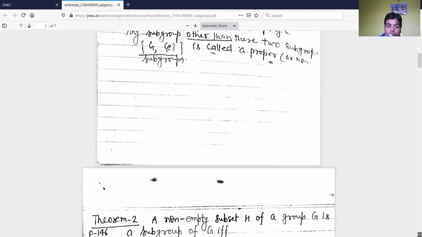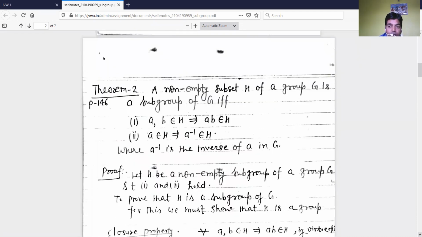Now, some results on the subgroups, some theorems on subgroup. Theorem: a non-empty subset H of a group G is a subgroup of G if and only if, first, a, b belongs to H implies ab belongs to H, and second, a belongs to H implies a inverse belongs to H, where a inverse is the inverse of a in G. Now see this line, G is the group and H is the subset.